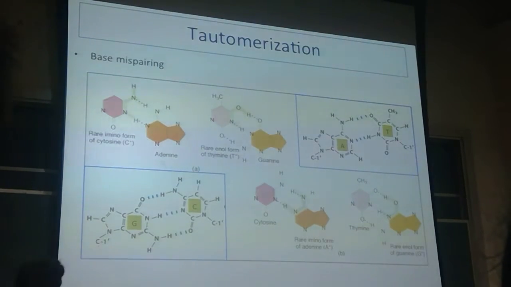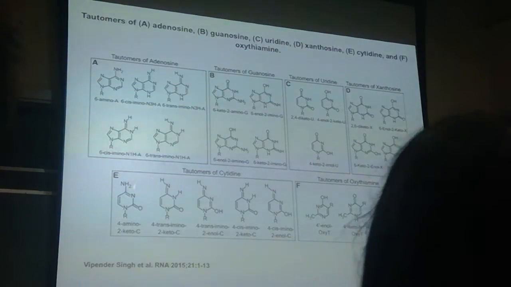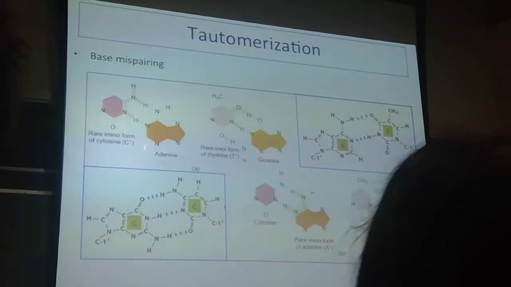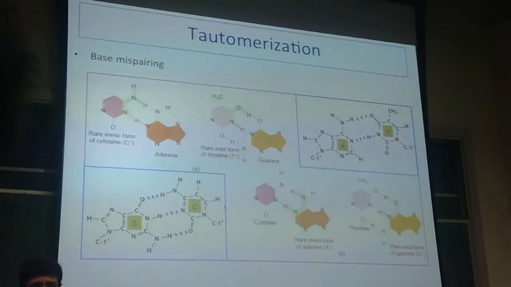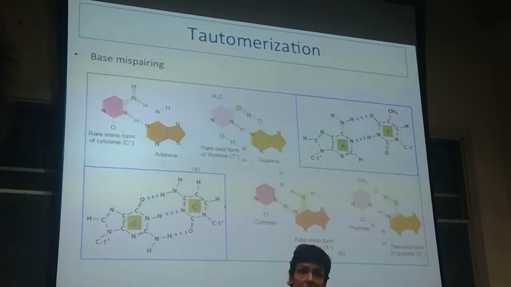So for example, if you have a mispairing, you can have here adenine pairing with C, okay? This is a rare imino form of cytosine. You can go in there and define it if you want to, you don't have to. These guys need to be deprotonated in order to get into this, okay? But you see, instead of having AT, you get AC. And if it happens that way, it can also happen that way.